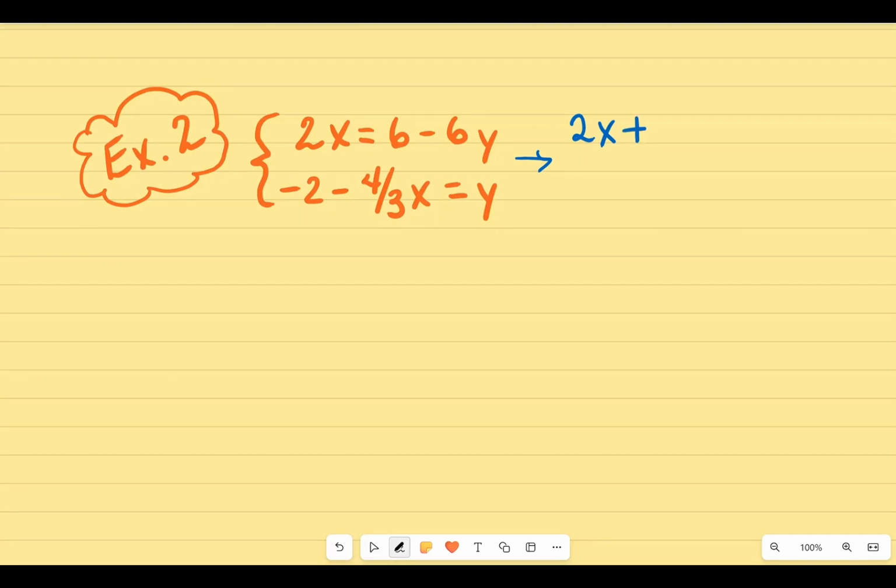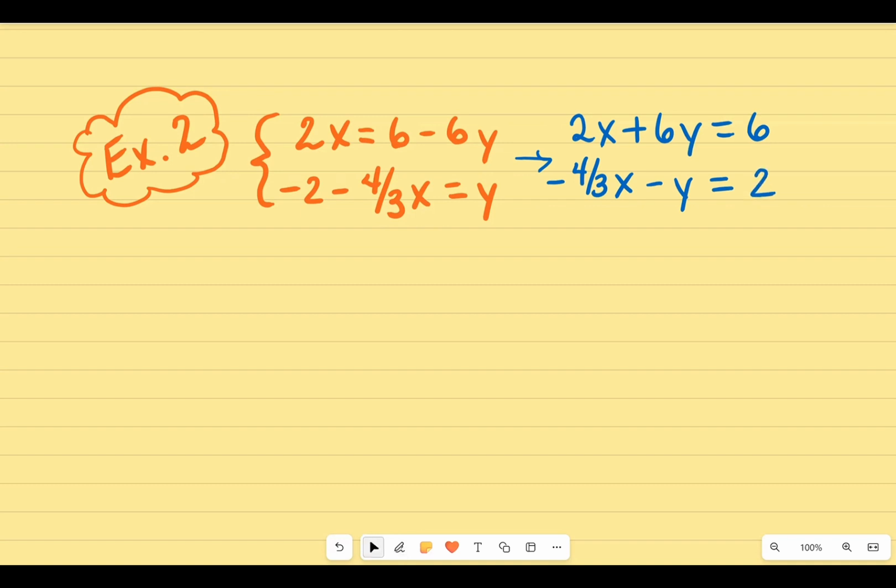So this is going to become +6y. And since I'm leaving the 6 on this side, I don't change the sign. And on this side at the bottom, I want to go ahead and line it up. So I have -4 over 3x. I want my y to be next, so I have to move it over, -y. And I want to move that -2 to the other side, so that's +2.